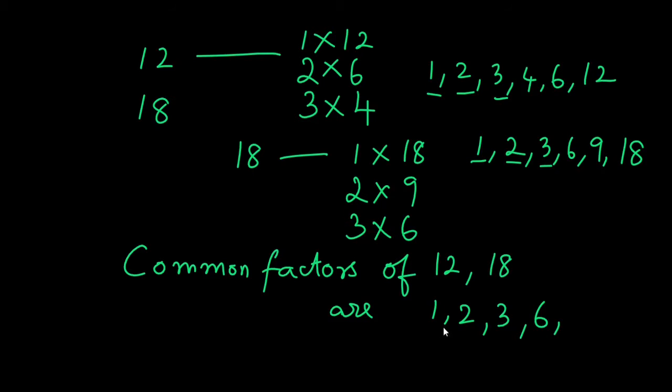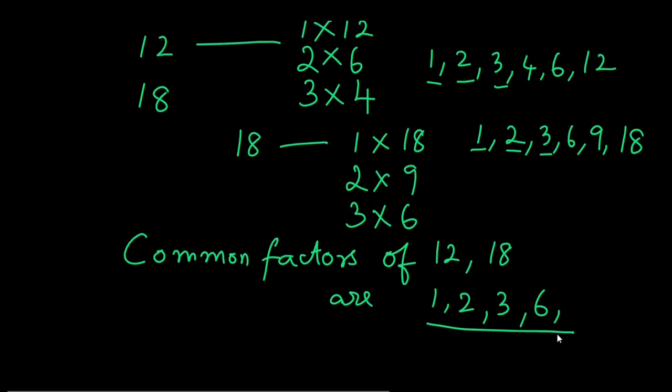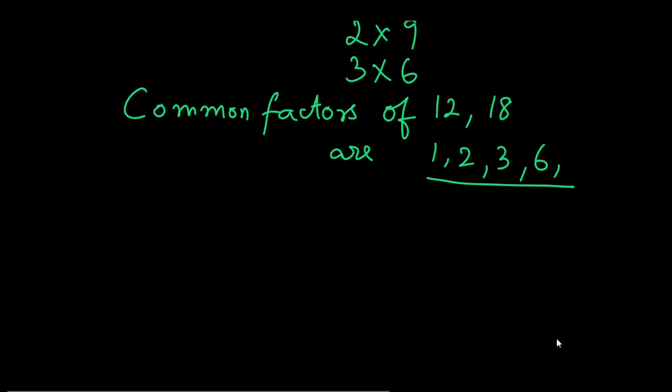So here 1, 2, 3, 6 are the common factors. Among these common factors, 6 is the highest one. So 6 is called highest common factor.